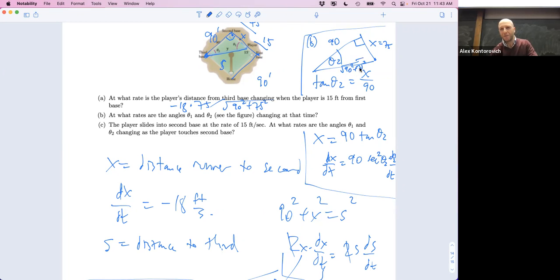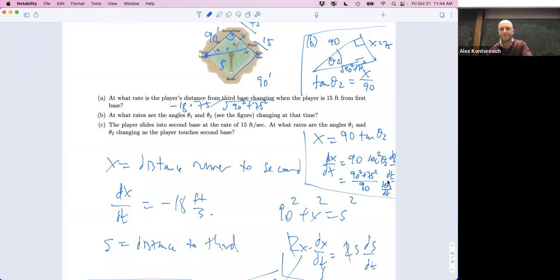Let's not simplify. Cosine is 90 over this thing, so secant is this thing over 90, and the square of that is (90 squared plus 75 squared) over 90 squared, times 90 over 1, times d theta 2/dt.